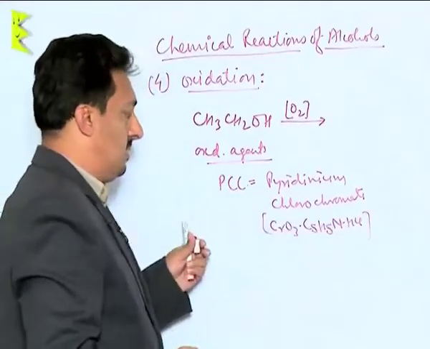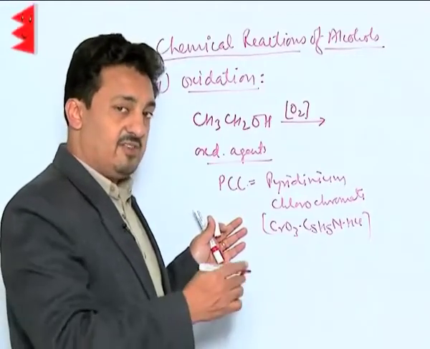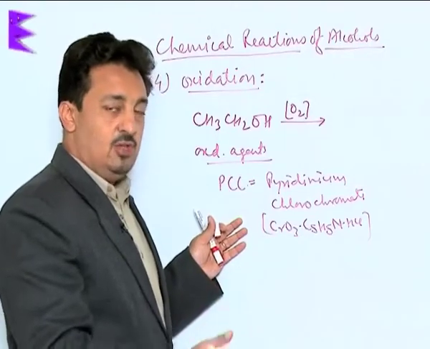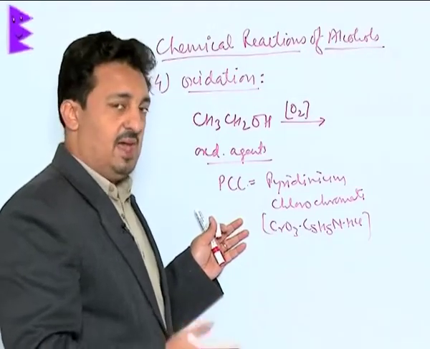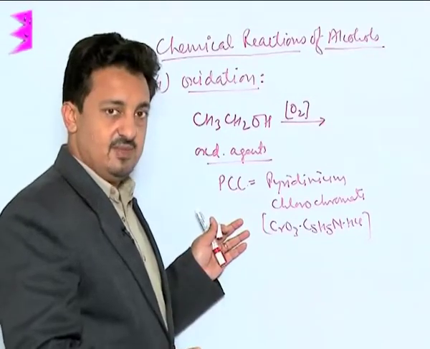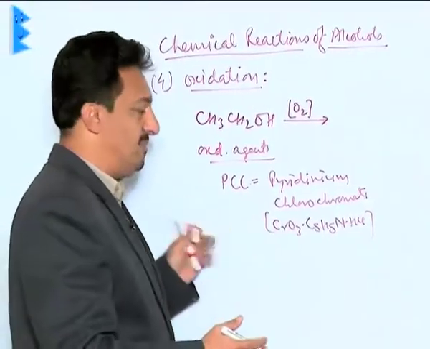That's a very useful oxidizing agent, as it oxidizes only the primary alcohols to the aldehyde, secondary to ketones, and no action on tertiary alcohol, and it prevents the further oxidations of the aldehyde and ketone formed to the corresponding acid. So if we want particularly only the aldehydes and ketones, this is the best reagent.